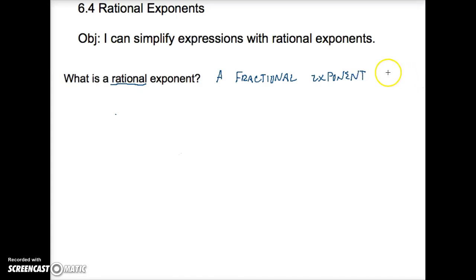For example, 3 to the 1/2 power would be an example of a rational exponent.